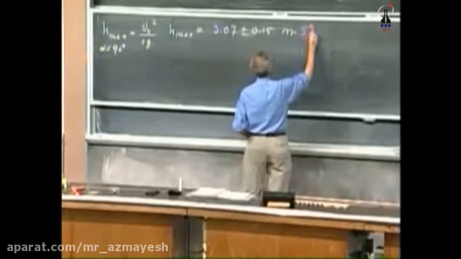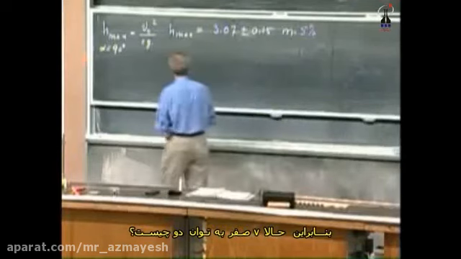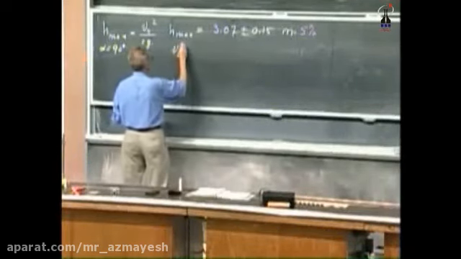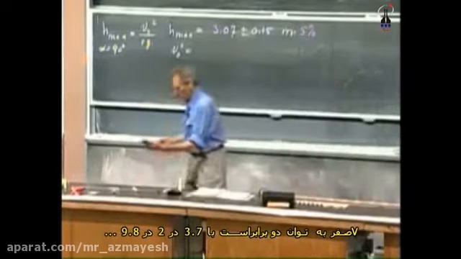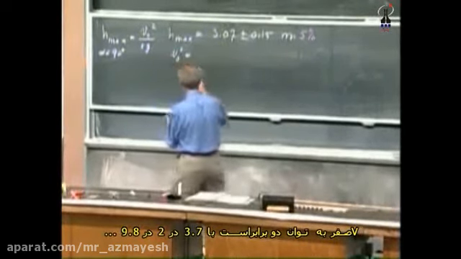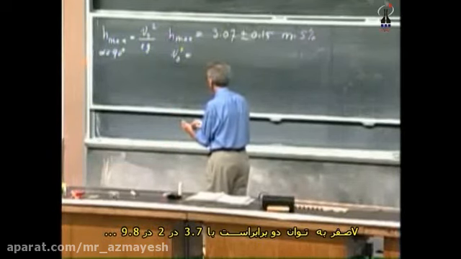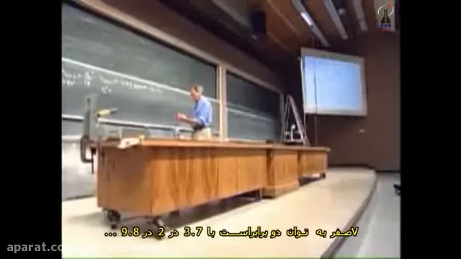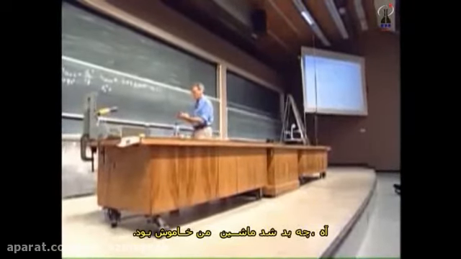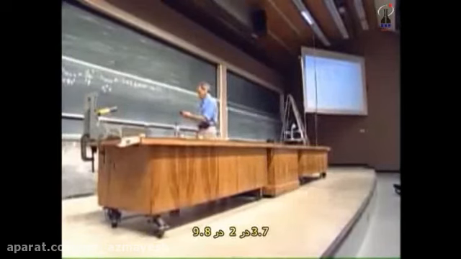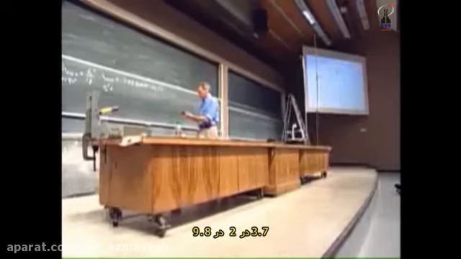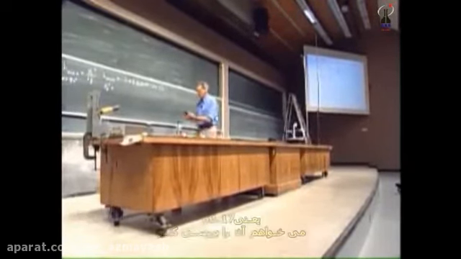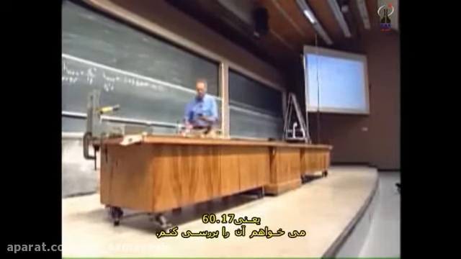5%. So what now is v0 squared? Well, that's easy to calculate now. v0 squared equals 3.07 times 2 times 9.8. Oh, my calculator was off. That's a detail. 3.07 times 2 times 9.8. That is 60.17.